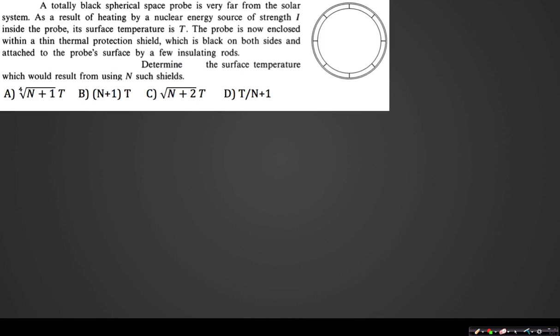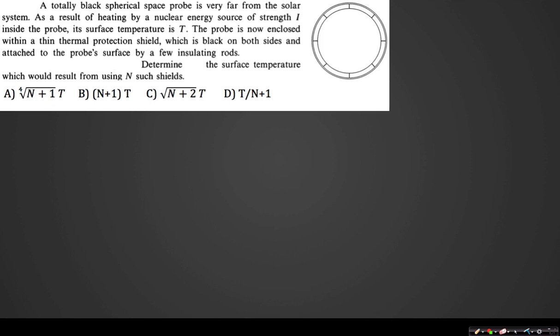I have taken this question from a book called 200 Puzzling Problems in Physics. And this question is a nice question which is based on thermal radiation. The question says that a totally black spherical space probe is very far from the solar system.